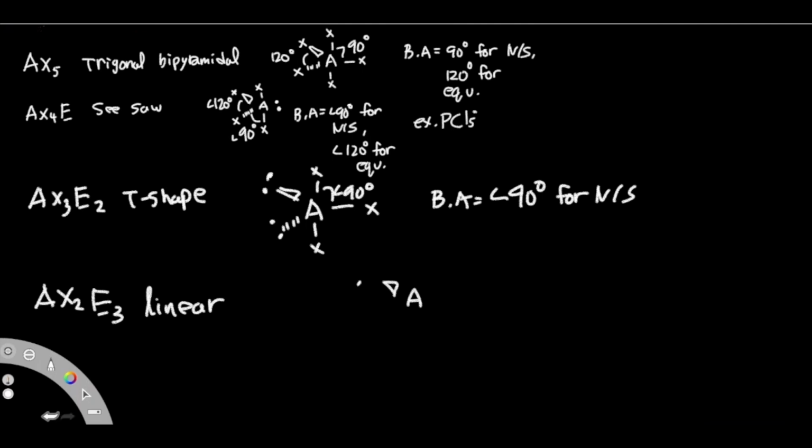So this is a lone pair. This is a lone pair. Now this is a lone pair. Our X is here, X is here. So if I got the bond angle for, let's say, something like that, this would be 180 degrees. So the bond angle here would be 180 degrees.